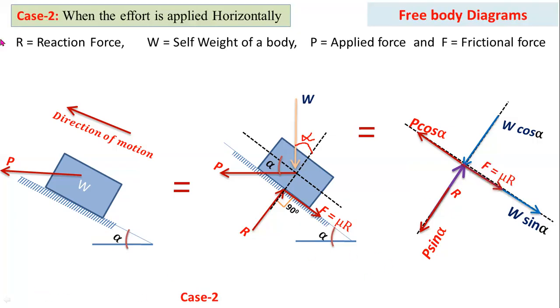Like this. Now these six forces are the important components for this condition. By using these six forces, you have to determine the effort P required horizontally.